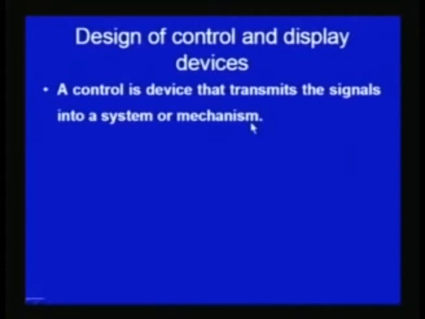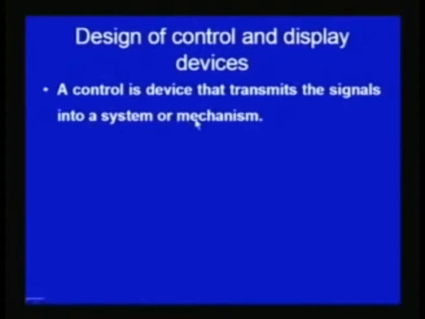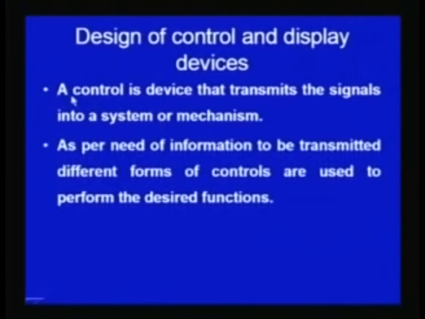For controlling a given mechanical system, these devices transmit signals to the system so that it responds in a different way, changing its response as per the need of the information to be transmitted.